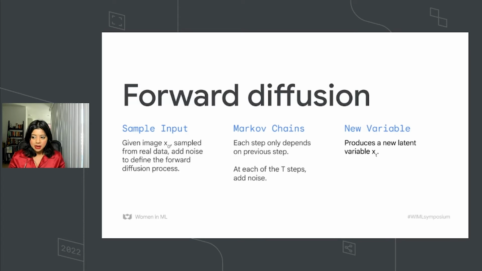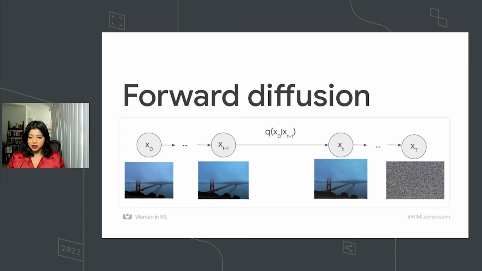So at each of these steps in the chain, we're adding noise. And at the end of each step, we have a new variable known as x sub t, in this case, a lowercase t. So we add noise at each of these steps and produce a new variable, and this is really apparent in the next diagram. Here's the representation.